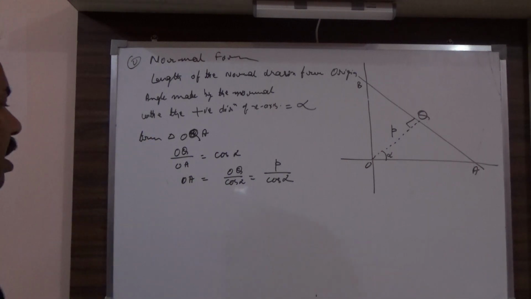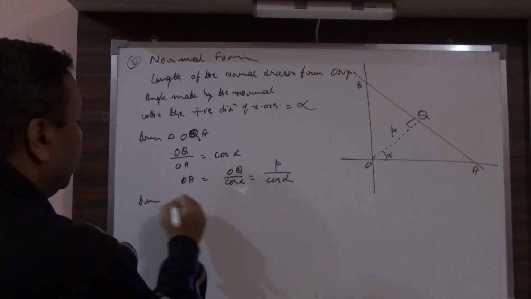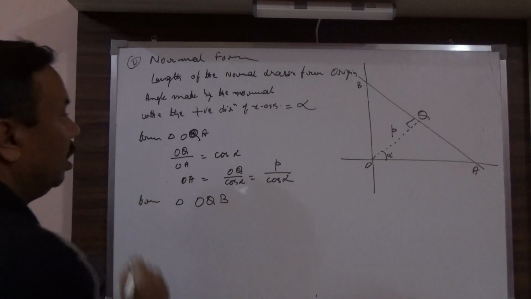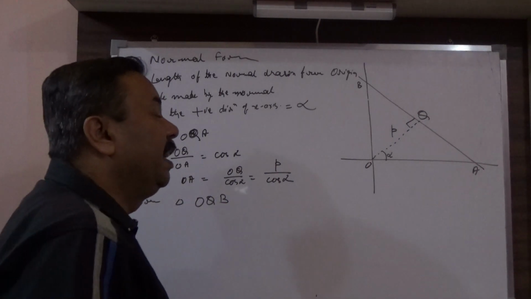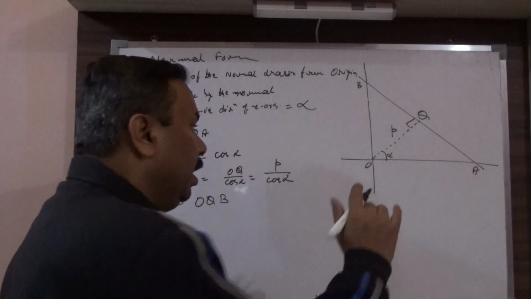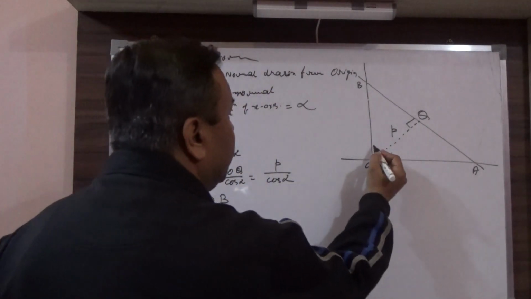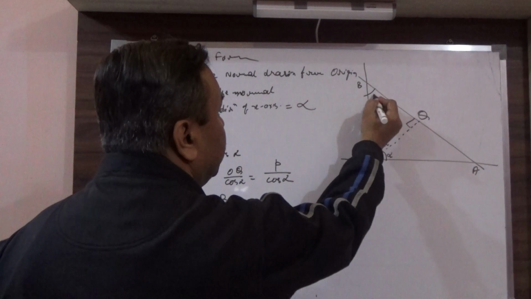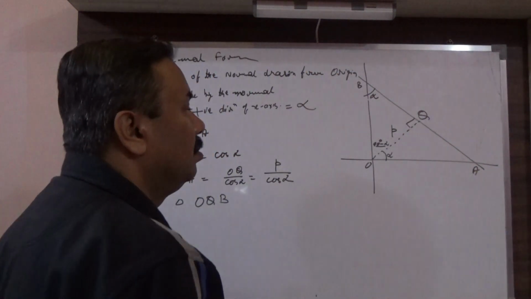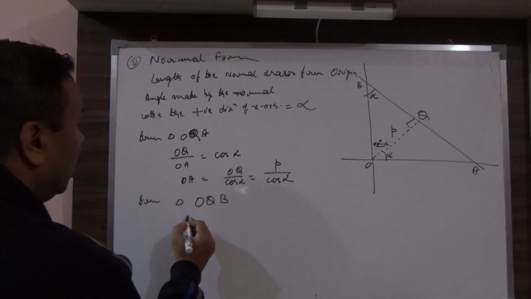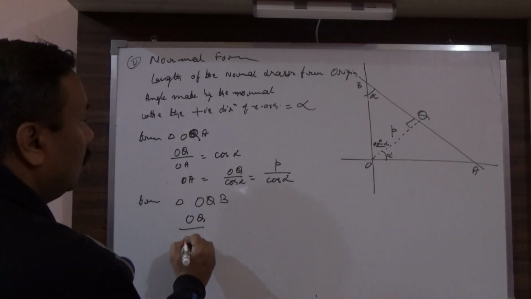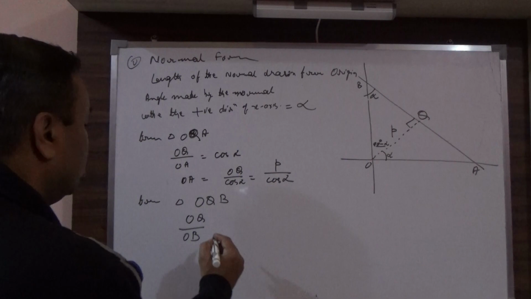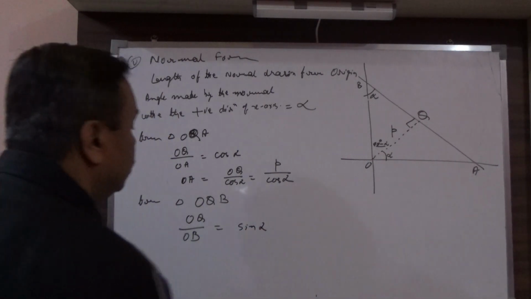Similarly, from triangle OQB, if this angle is alpha, then this is 90 degrees minus alpha, and this one angle is also alpha, because this is 90 degrees. Now OQ over OB is opposite side over hypotenuse, so this is equal to sin alpha.